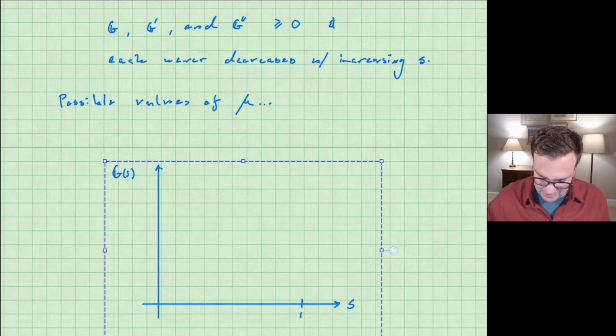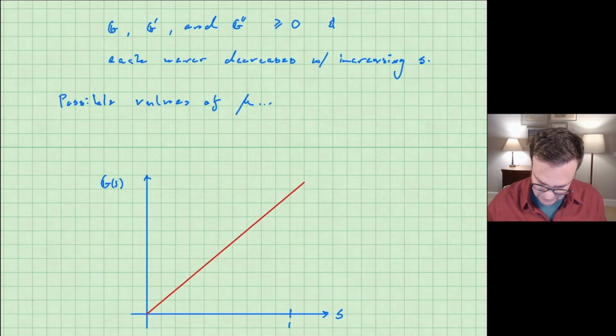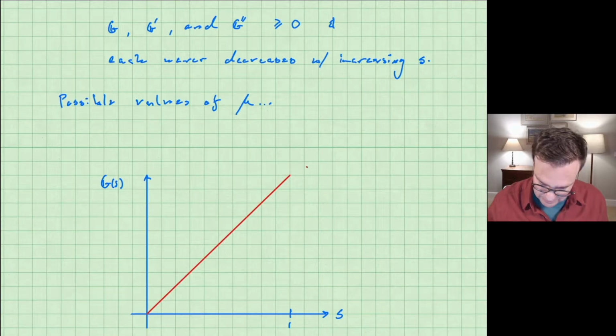And on this plot, I'm going to draw the G equals S line. We'll put that in red. And that line goes up like this. So that's the G equals S line, and this thing has slope of 1.